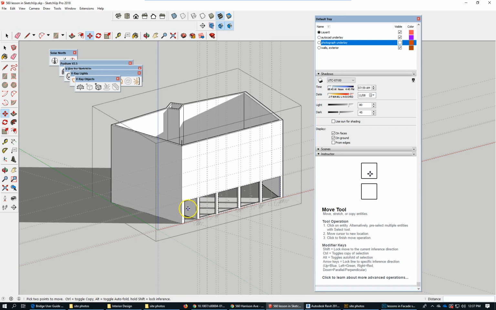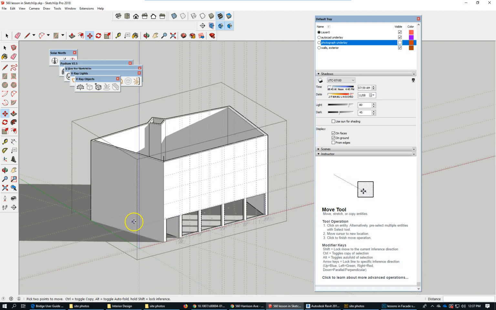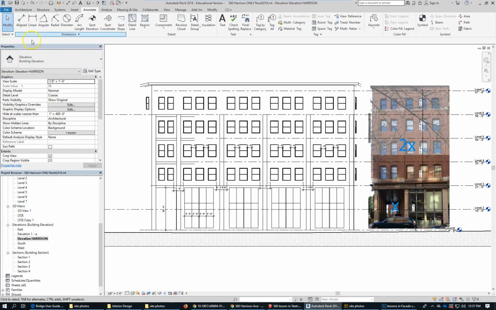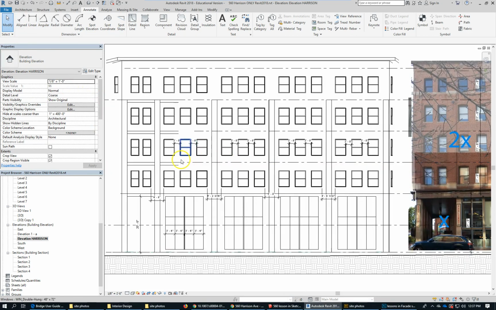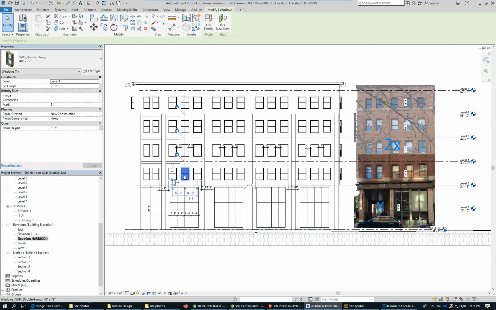So we determined that except for the narrow windows in this vertical part, all the other windows are 48 inches in width. At the same time, I have this other Revit model going on, where I've essentially modeled these guys.